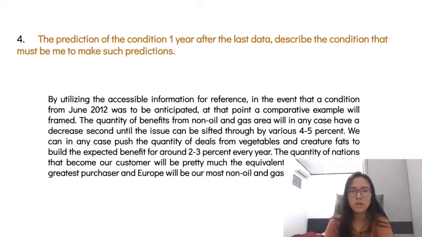We can still push the number of sales from vegetables and animal fats to increase the expected benefit by around 2 until 3% every year. The number of countries that become our customers will be about the same, with China still the greatest buyer, and Europe will be our biggest non-oil and gas buyer.